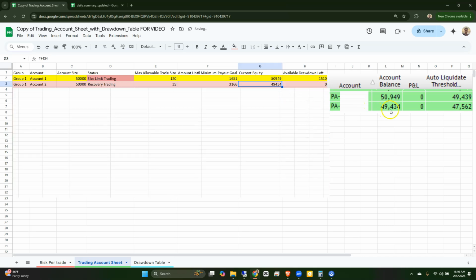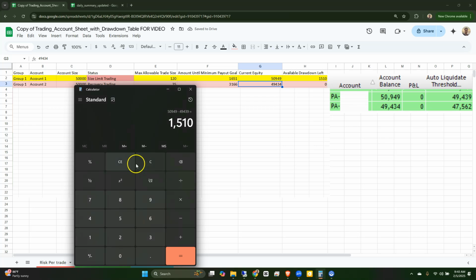We have to take 4,934 minus 47,562. 47,562 equals 49,434. Oh, well, I can tell you right now we have full drawdown left in that.